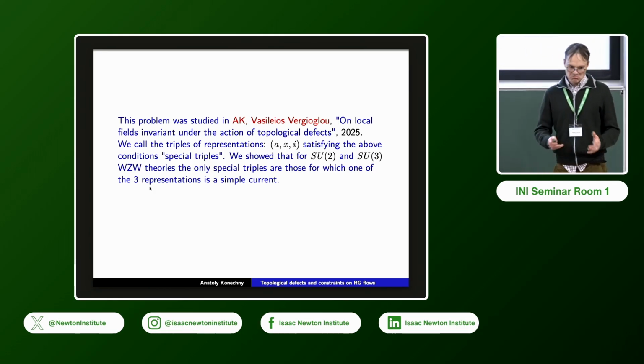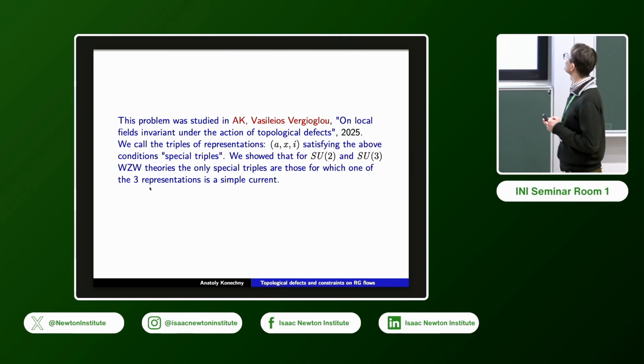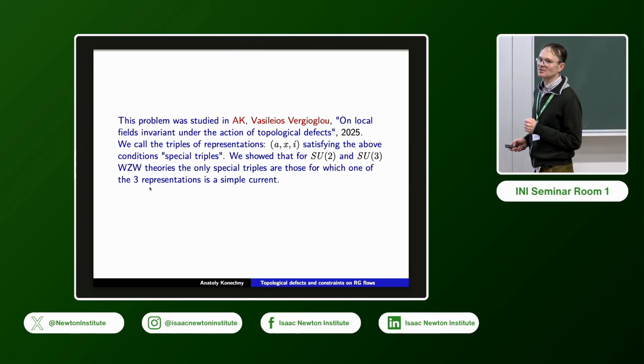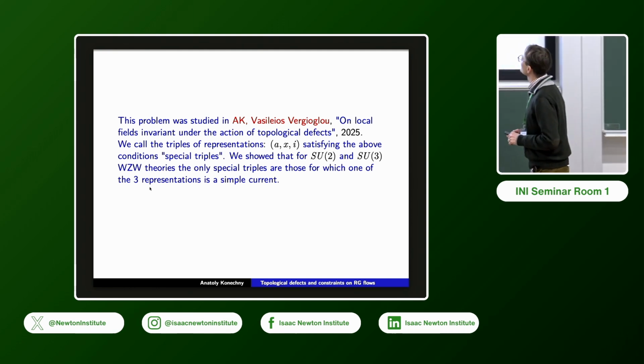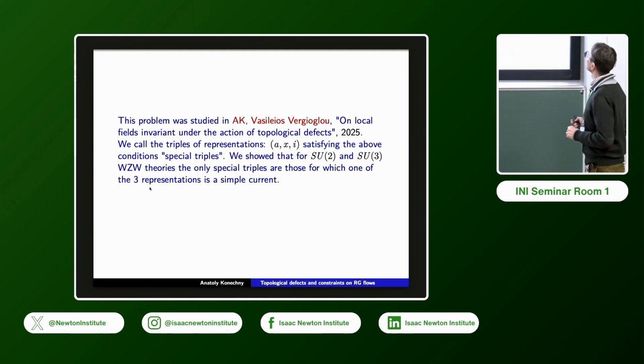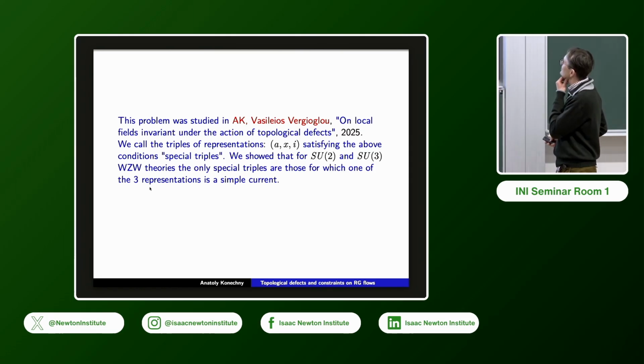With fusion rules, if you want to prove something rigorously, then it's not so straightforward. But for SU(3), there is an explicit fusion rule formula, which we used. Essentially it's a brute force proof that, again, we classified all these triples, and in some sense, nothing exciting was found.